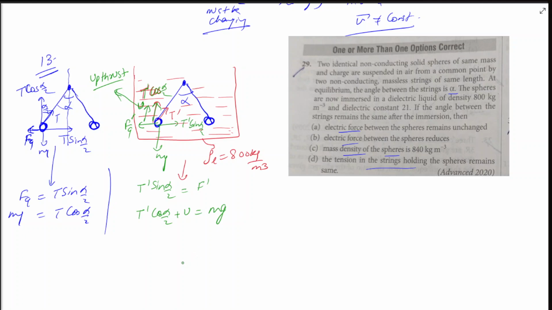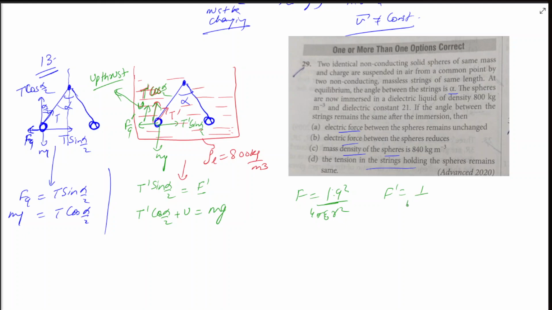Now we have to find F dash first. F is k q square by r square. The angle is alpha, so the distance between them is the same. K was 1 upon 4 pi epsilon.